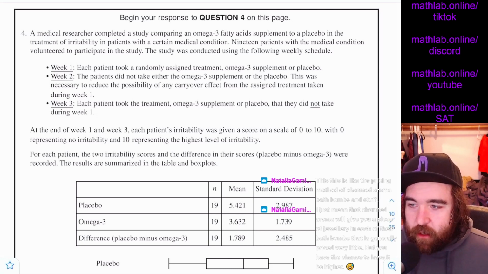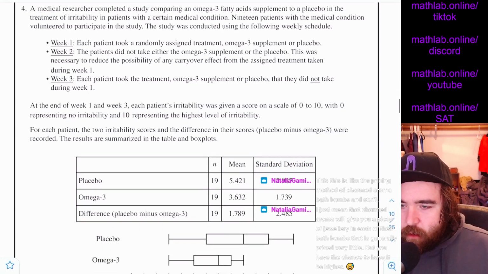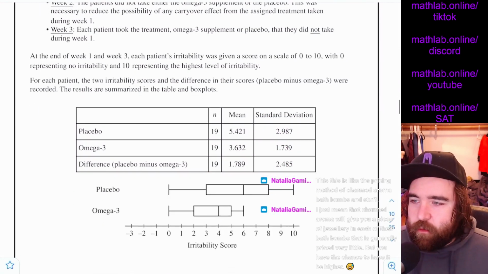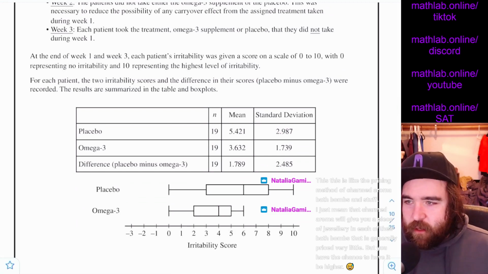The third week, each patient took the treatment that they did not take during week 1. What? Why? At the end of week 1 and week 3, each patient's irritability was given a score from 0 to 10, with 0 representing no irritability and 10 for each patient. The 2 irritability scores and the differences in their scores, placebo minus omega-3, were recorded. The results are summarized in the table.